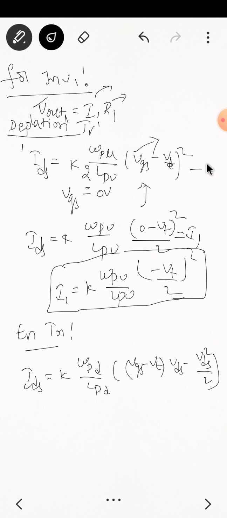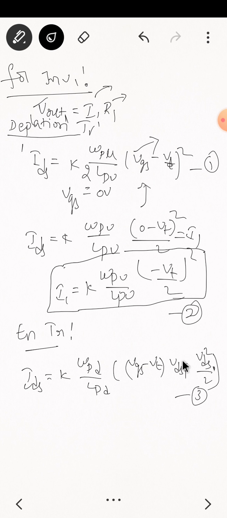If I take this as equation number 1, this as equation number 2, this is equation number 3. In this equation, for transistor 1, inverter 1, I am considering this as VDS1.